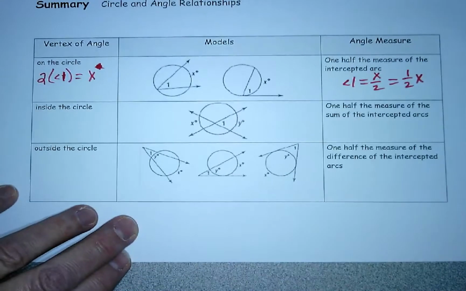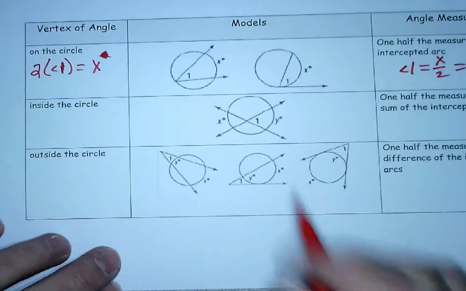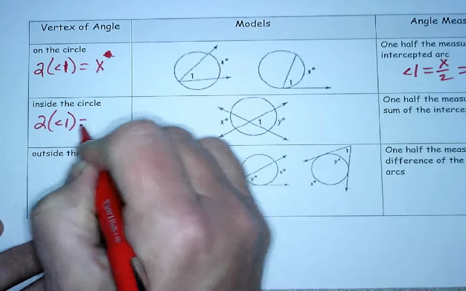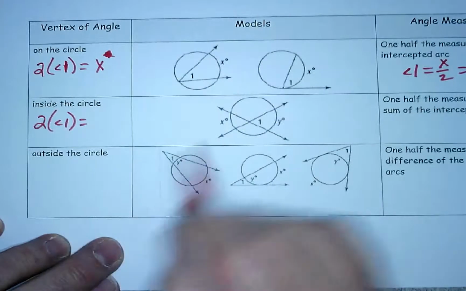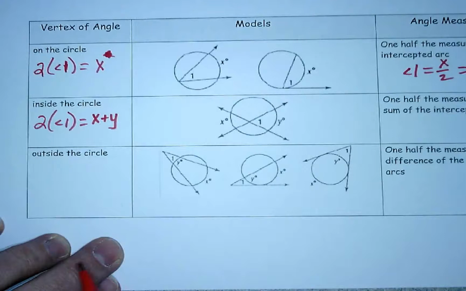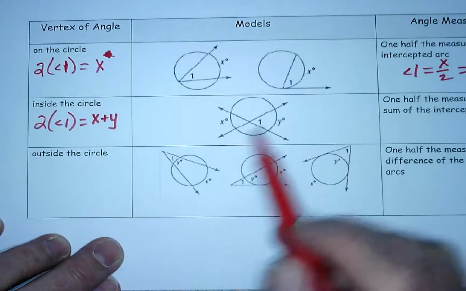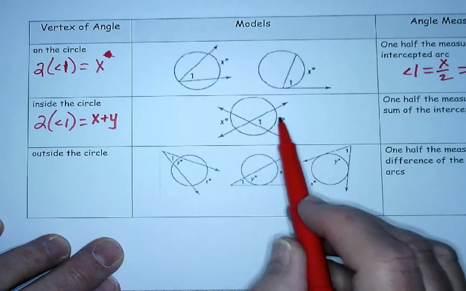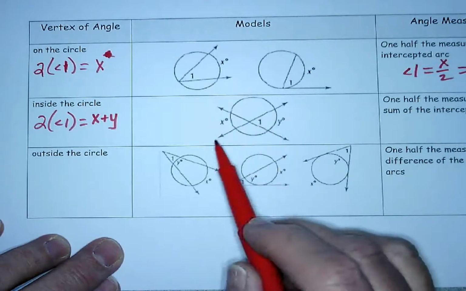If I have angles that are inside right here, I can take 2 times angle 1, and that will be the same thing as adding the 2 arcs. So if I take this times 2, that would be the same as those 2 added together.